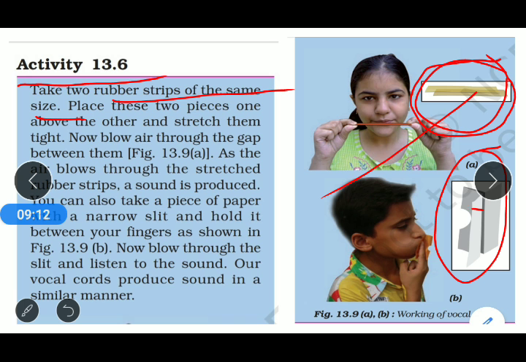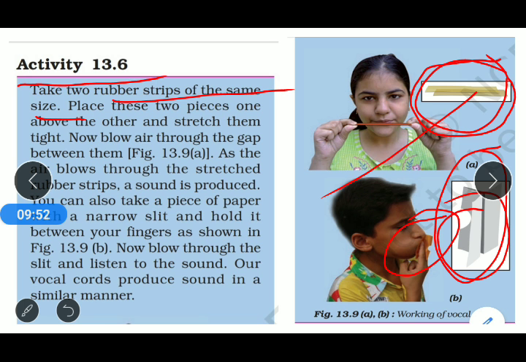According to the picture, when we try to blow the air in between the gap, holding it tightly between our fingers, and blow the air between the slit, in that case also we are able to hear the sound. In a similar manner, like we produced the sound with the two rubber strips, when we blew the air in between them, it produced the sound.